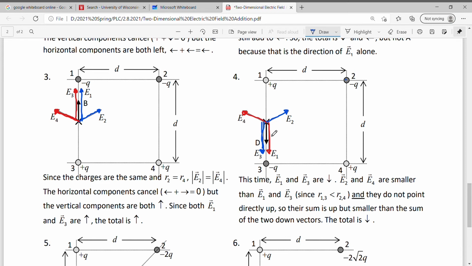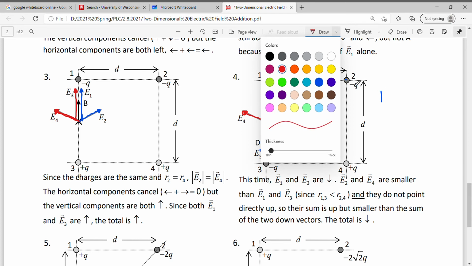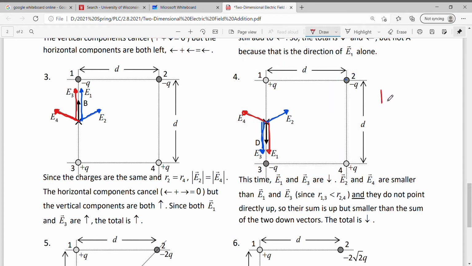Okay, so E1 is k times q1, and q1 is plus q, over r1 squared, where r1 is this distance, which is d over 2. And E3 has the same magnitude.